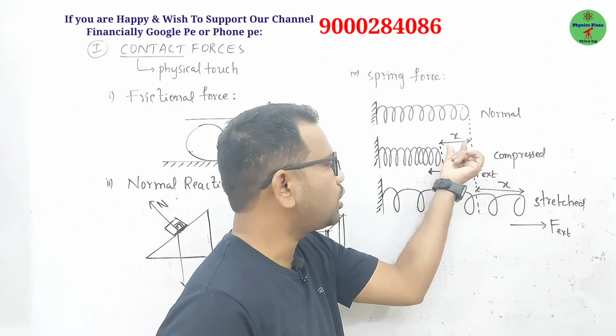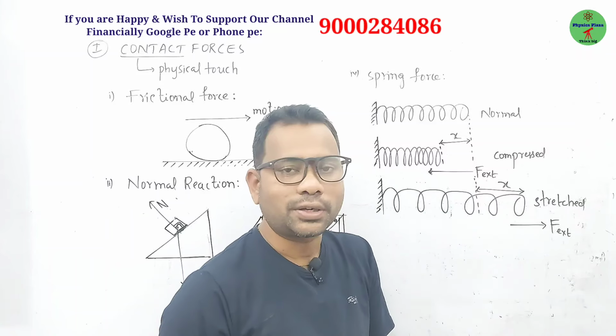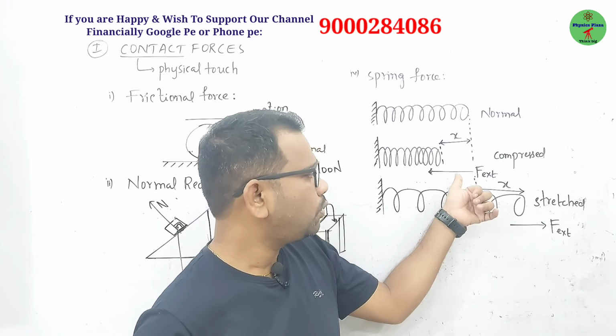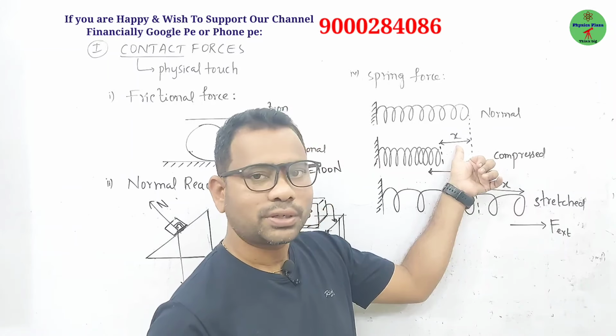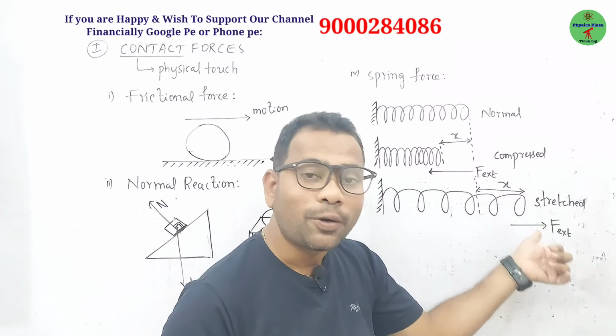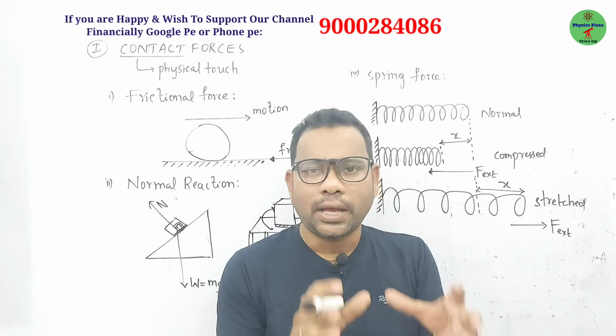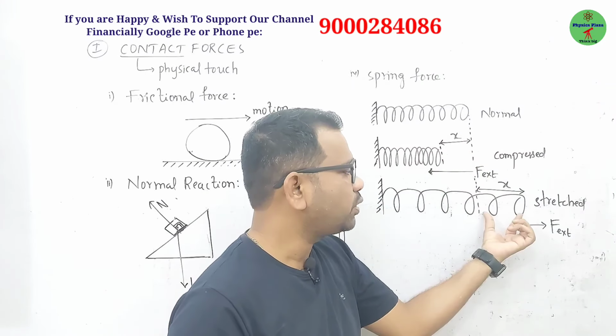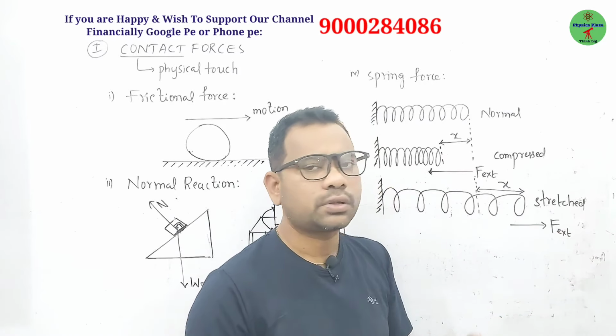Here it is compression. It is elongation. Try to understand. But children, one thing. If you apply more force, more will be the compression. If you apply more force, more will be the elongation. Either compression or elongation is nothing but the displacement of the spring. It depends on the external force.